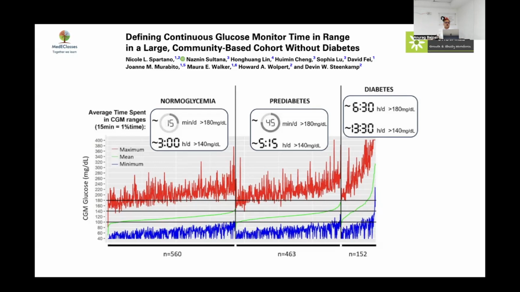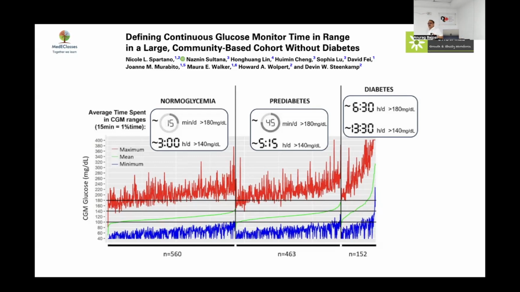Of course, you're talking about a huge 13 times increase in time above 180. So this is a good way to look at it. So this 6.3 hours, which basically means what? Somewhere around 30%. So 25 to 30% time above range, which is normal. So I think this is very helpful. What are your perceptions on this? If you use 180 as a cutoff, how much time do you think?